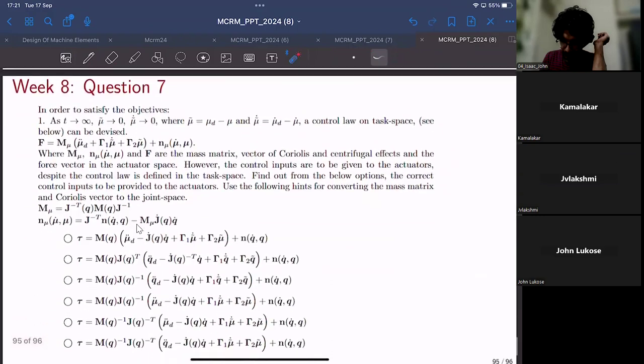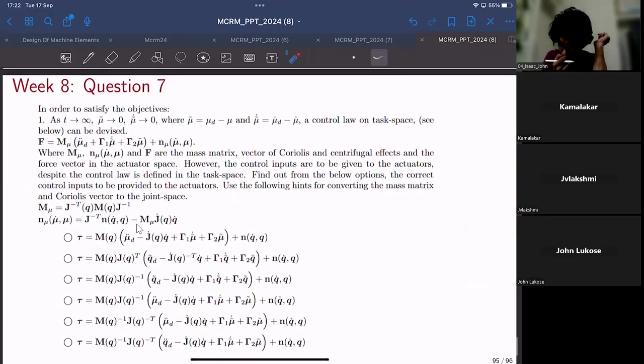And from week 8, we have also seen that the desired trajectories are given in task space actually. So the control law as per the trajectory in task space would be given as this. But in reality, we would be supplying the control input to the joints.